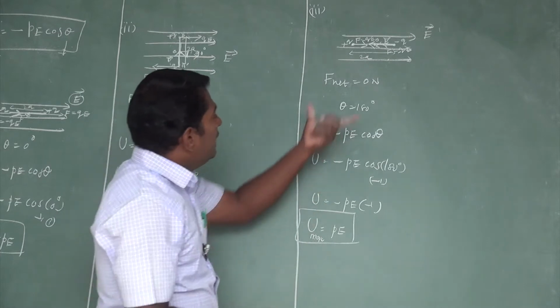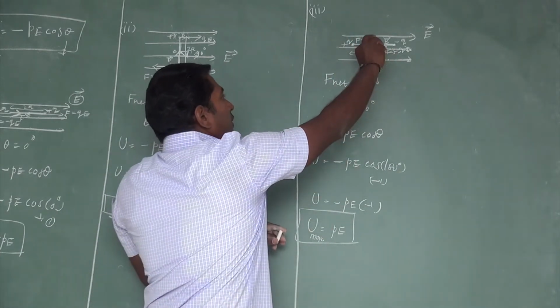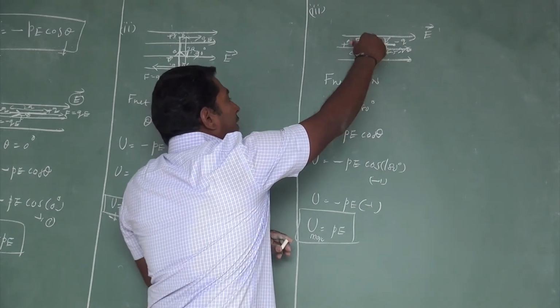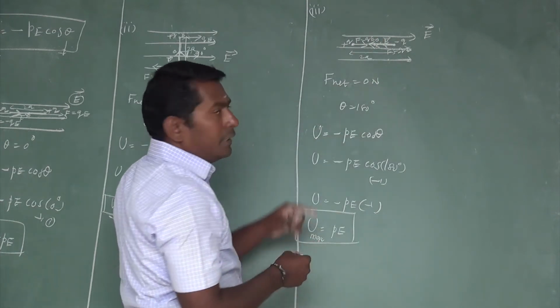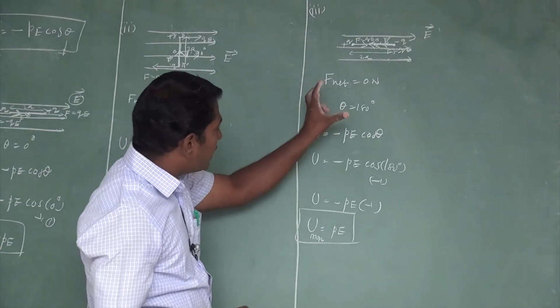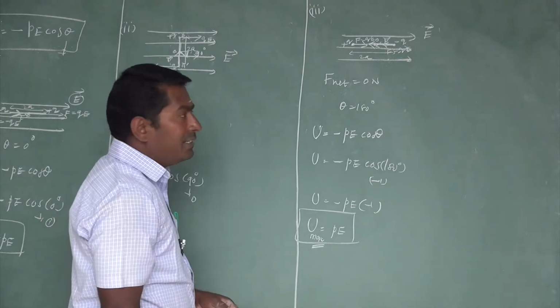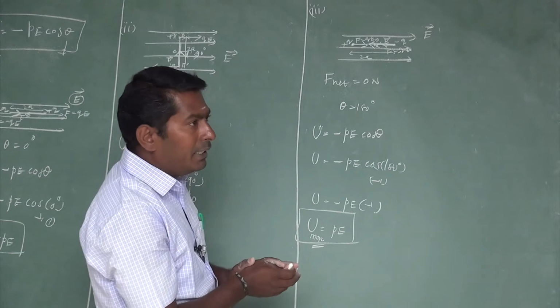In this position, if the electric dipole is slightly displaced, then the electric dipole experiences a torque that rotates it along the direction of the electric field. So, in this position, the electric dipole possesses a maximum electrostatic potential energy, but the position of the electric dipole is unstable equilibrium.